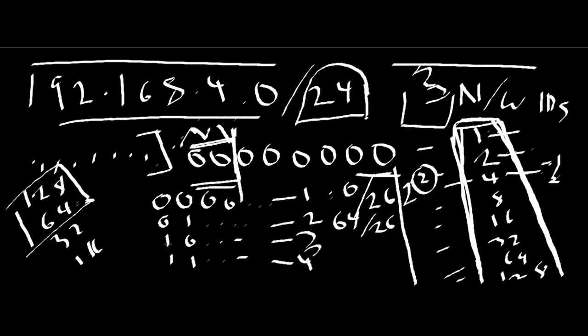Okay, far left, very first number there, 1, that's 128. So it becomes 128/26, and now we have to add both 128 and 64 to give us 192/26.